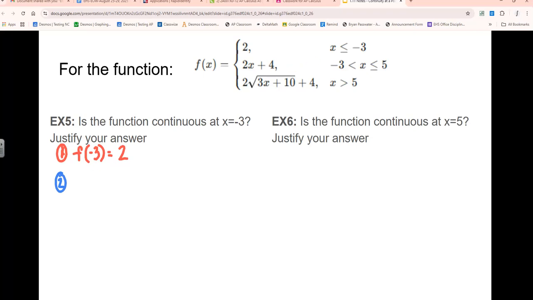Then our second step: we've got to show that the limit exists at that point. So we've got to do the limit from the left and the limit from the right at -3. The limit as x approaches -3 from the left of f of x is the limit as x approaches -3 from the left of just 2, which is just 2.